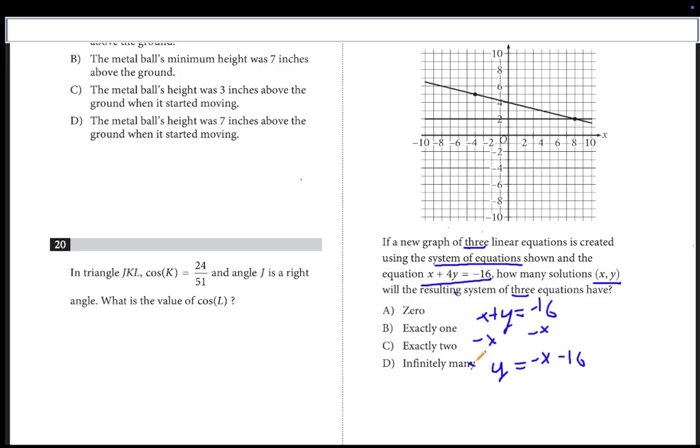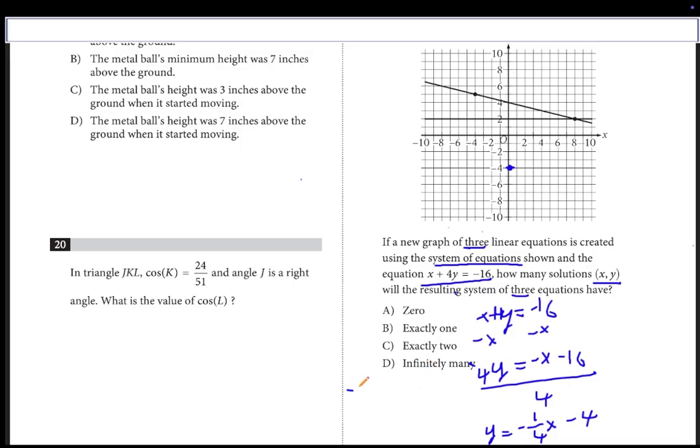Divide by 4. Y is equal to negative 1/4 x minus 4. So now we're going to graph this equation on this line. So we're going to input negative 4 as our value for x.